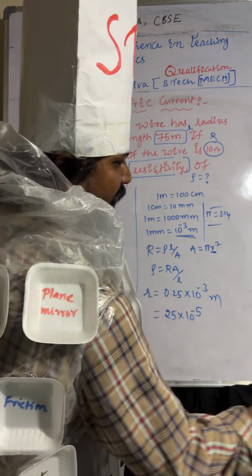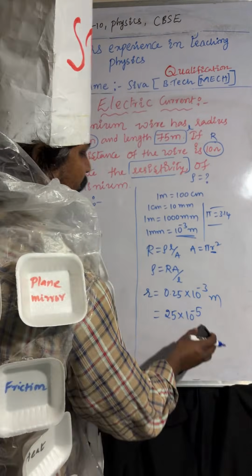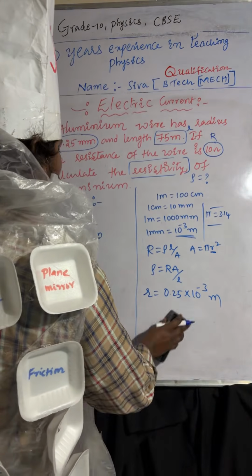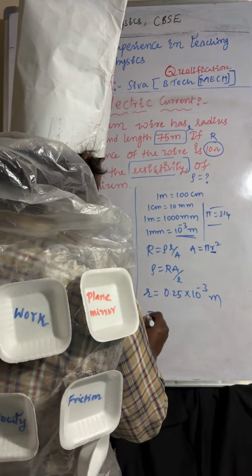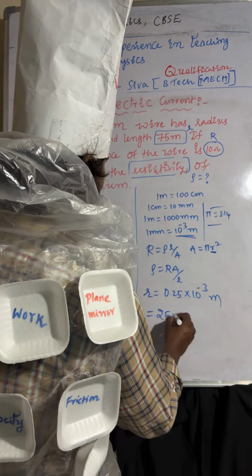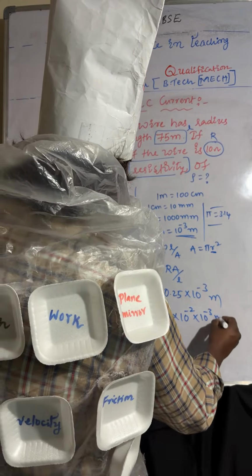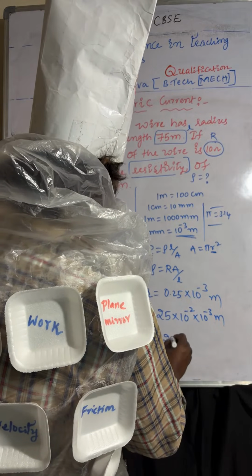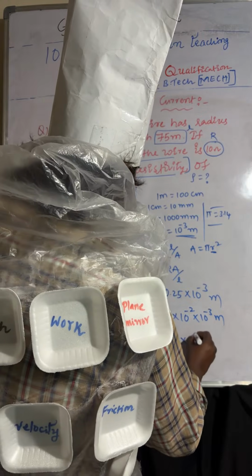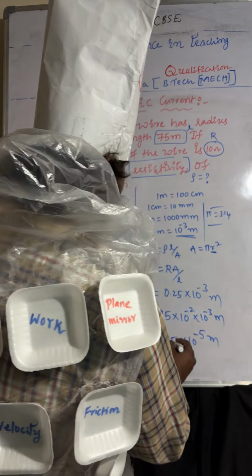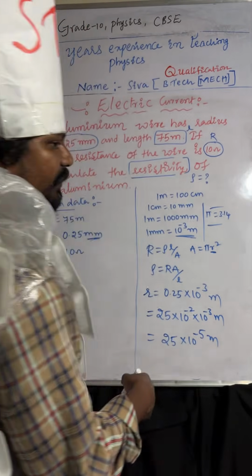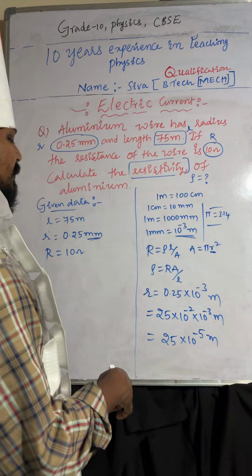Instead of writing directly, I will write one more step to give clarity: 25 into 10 power minus 2 into 10 power minus 3 meter. So R equal to 25 into 10 power minus 5 meter.